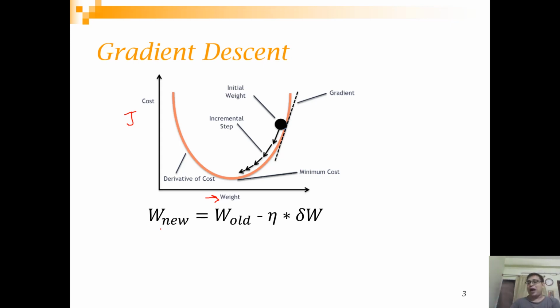You take the value of the previous iteration, which is your w old, then you find the derivative, the gradient, which is where the name derives from. And then you also have something called eta, or the learning rate. We are not going to focus a lot on this learning rate right now. We are focusing more on the gradient today.